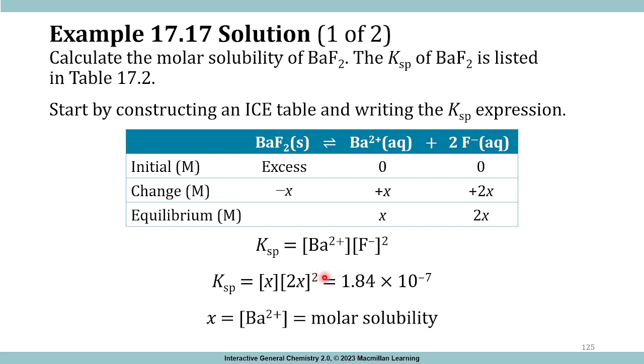So we're going to then solve that equation. So our KSP is the value from table 17.2, 1.84 times 10 to the negative 7. We're going to go ahead and divide that by 4 and then take the cube root, right? Or the 1/3 power, whichever one you do. That's going to give us the molar solubility, which is x.